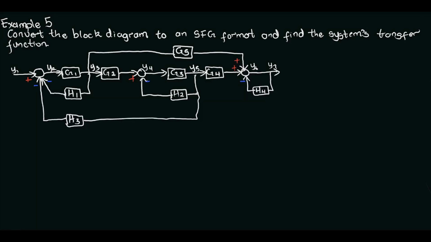Convert the block to an SFG format and find the system transfer function. So from what we've been doing, firstly draw our nodes. So this for y1, for y2, for y3.